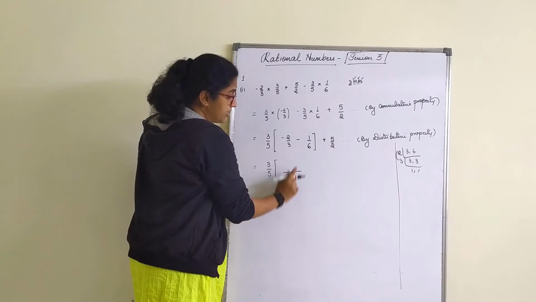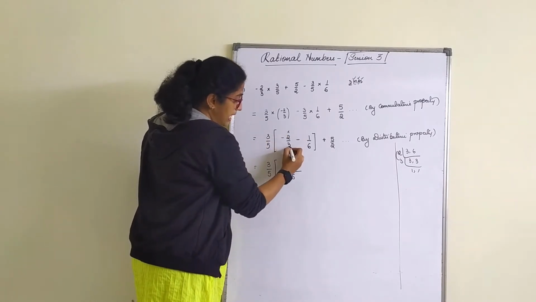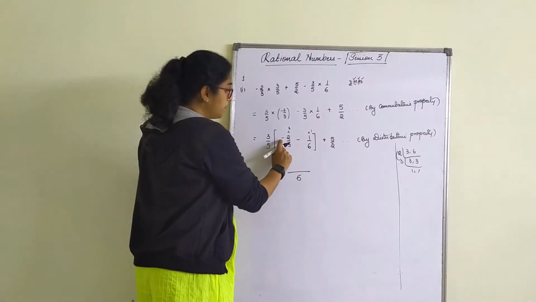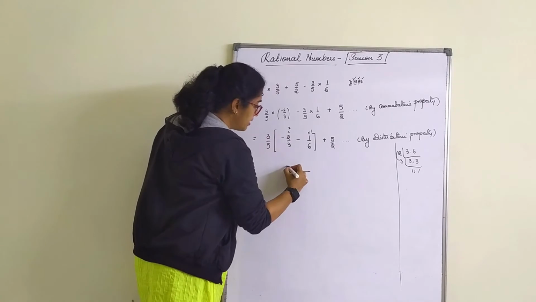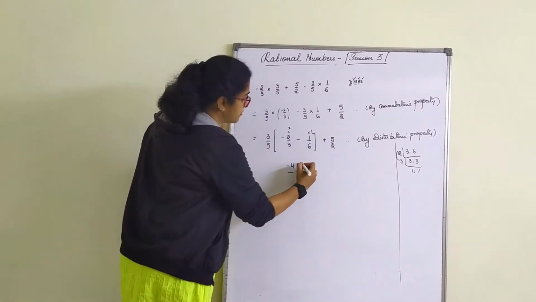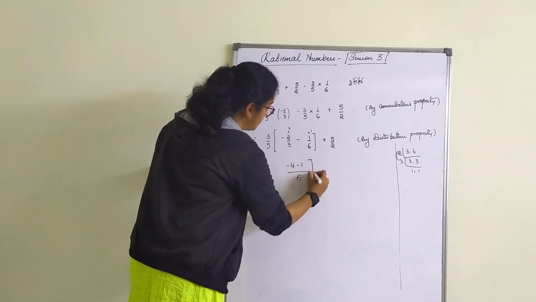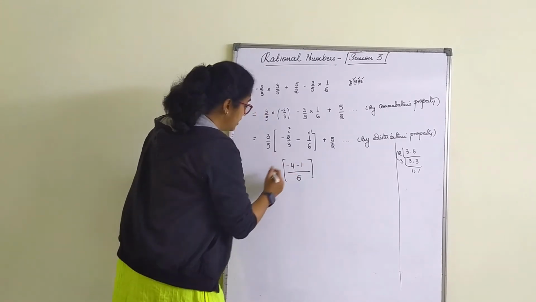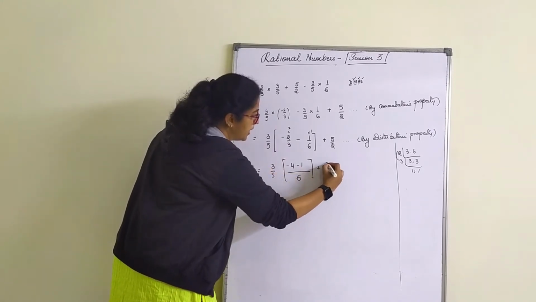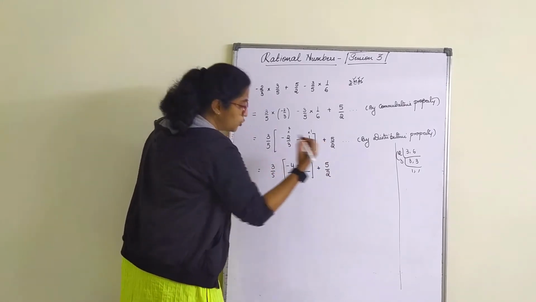3 and 6, the LCM is 6. So I will multiply this by 3 twos are 2, and this by 1. Minus 2 into 2, 2 twos are minus 4, and this is minus 1. Right? And this is nothing but 3 by 5 as it is plus 5 by 2.